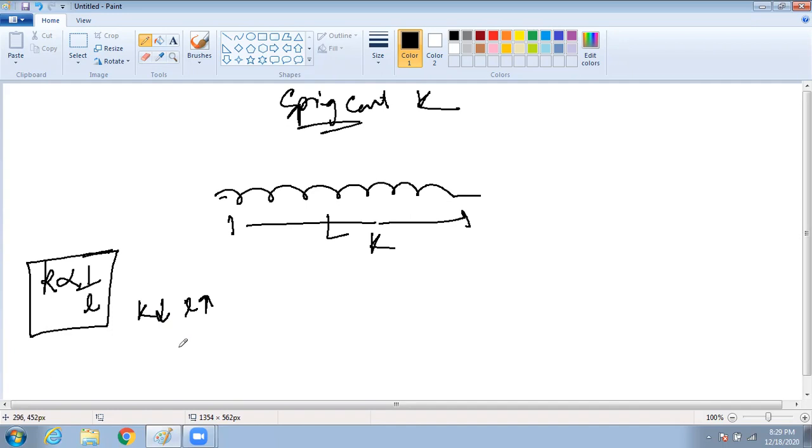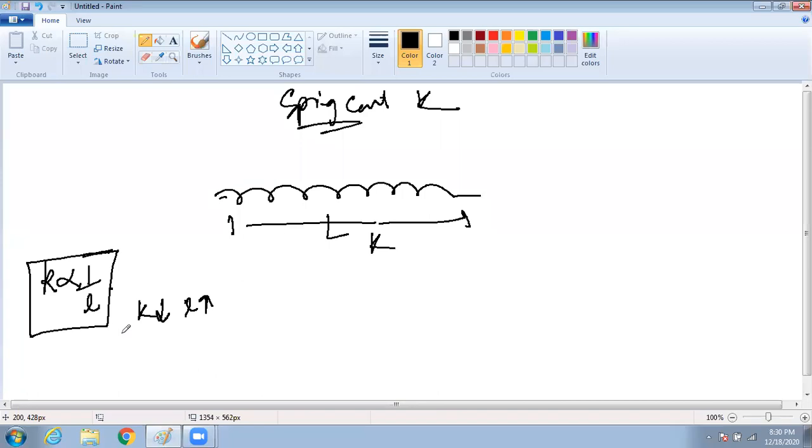Or if you want to increase the K, you have to reduce the length. That means K and the length are inversely proportional. Clear? So K is a variable, it will vary with the length of the spring.